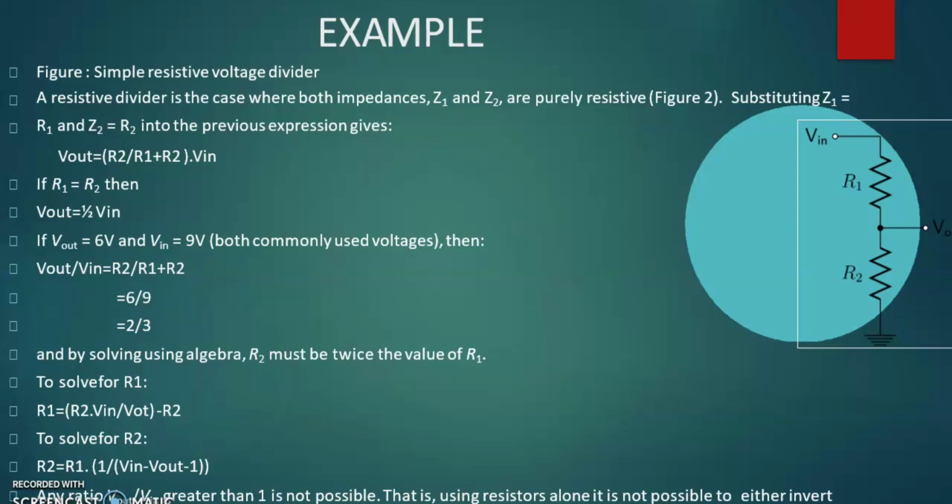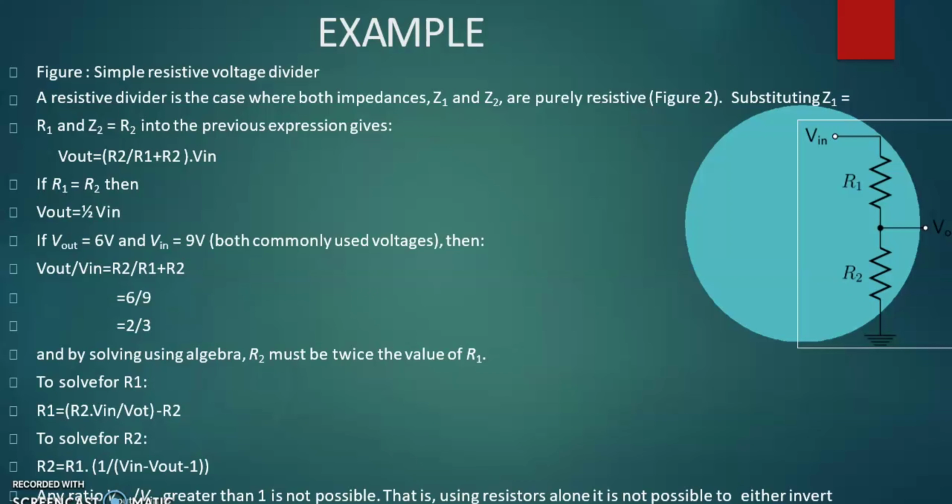So if you choose the most common voltages used, which are Vout as 6 volts and Vin as 9 volts, then by the formula you get R2 upon R1 plus R2 to be 2 by 3. And by solving this using simple algebra, R1 equals R2 into Vin upon Vout minus R2.